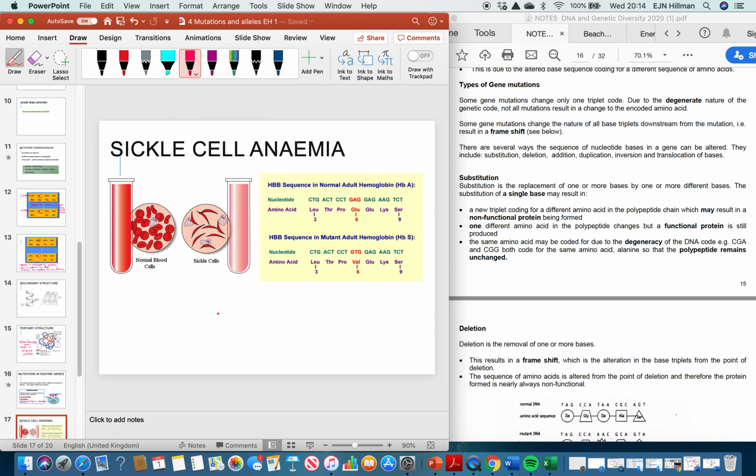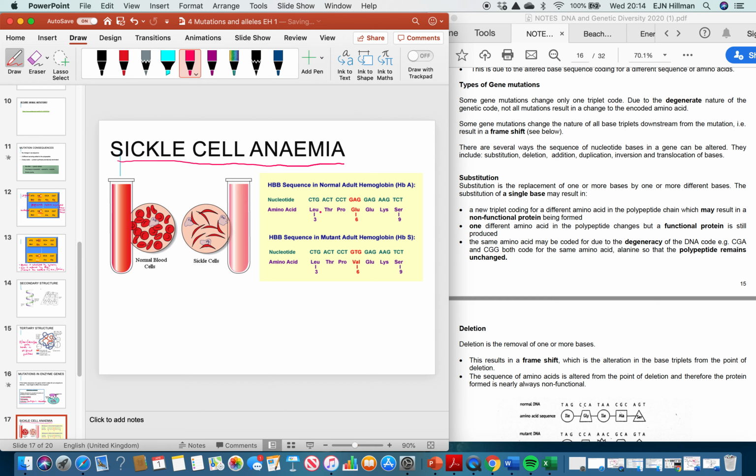Okay, one example of one of these single nucleotide base substitutions is this here. So this is Sickle-Cell Anemia, where there is a change to the hemoglobin A. Here is the nucleotide base sequence.